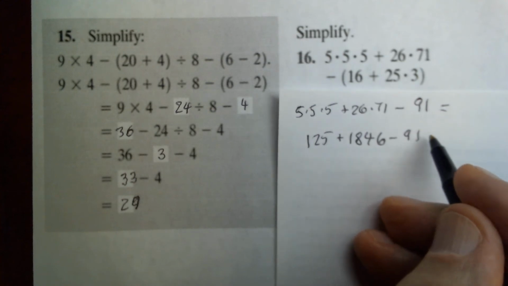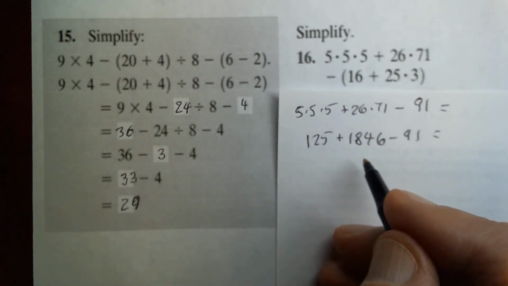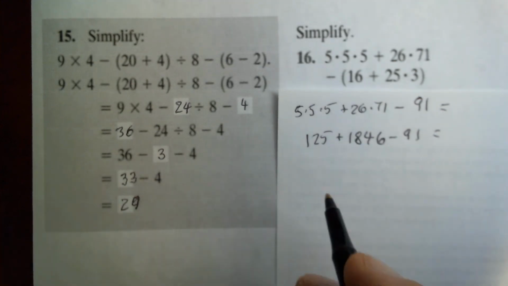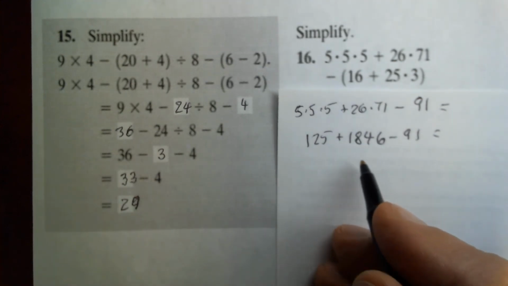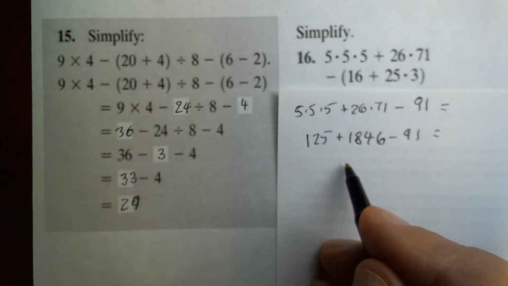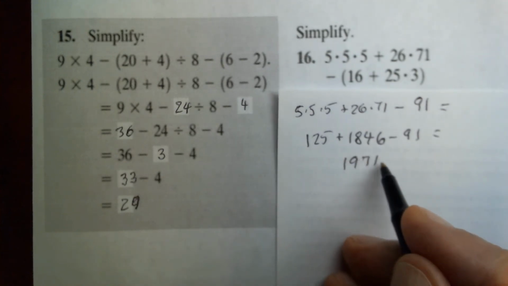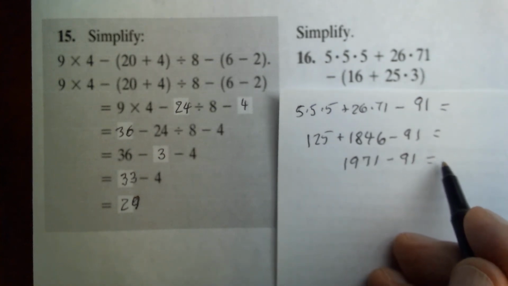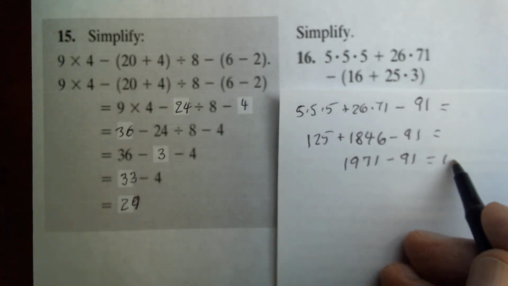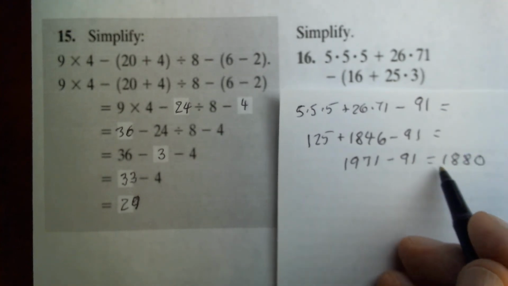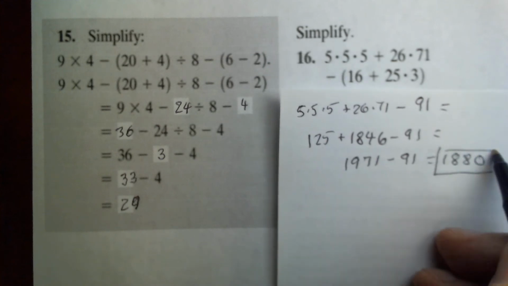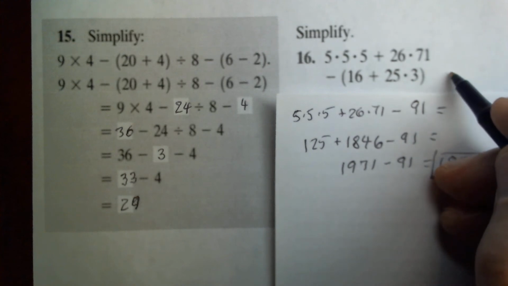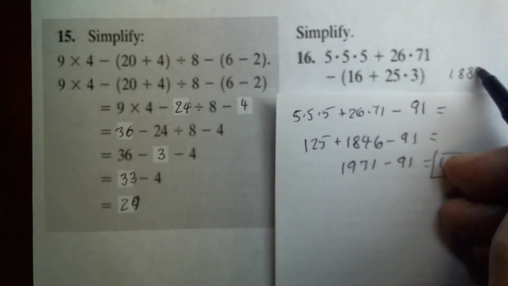Minus 91. And 125 plus 1,846 is equal to 1,971, minus 91, which is equal to 1,880. So this is the answer to number 16, 1,880.